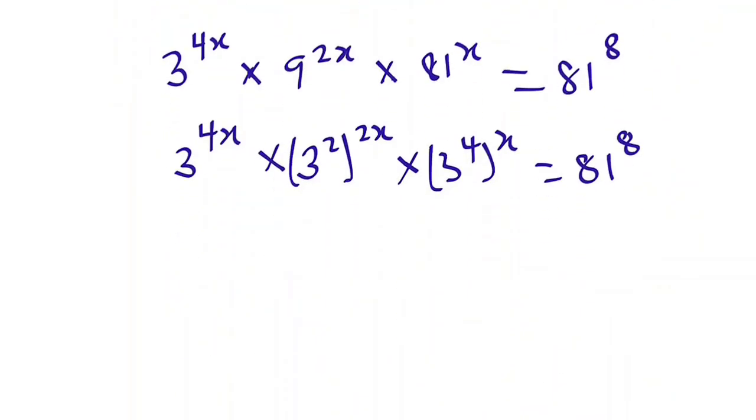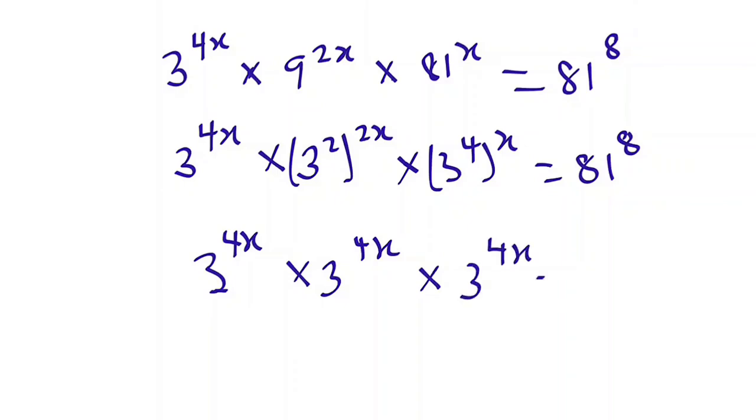Alright, so moving on, we're going to have 3 to the power of 4x multiplied by 3 to the power of 2 times 2x, which is 4x, and 3 times 4 times x, we're going to have 4x, then equals 81 to the power of 8. Now here, this 81 to the power of 8 can also be written as 3 to the power of 4, to the power of 8.